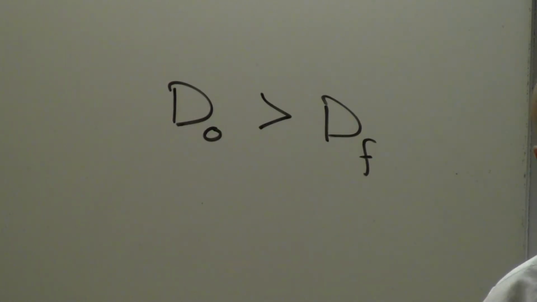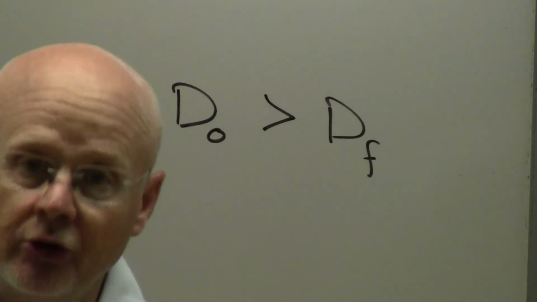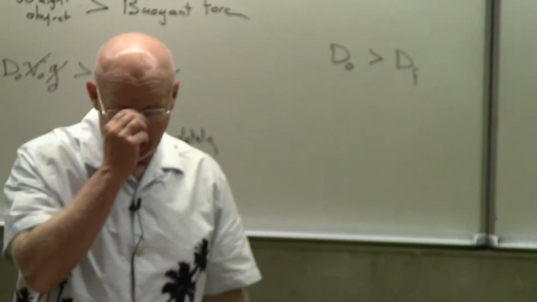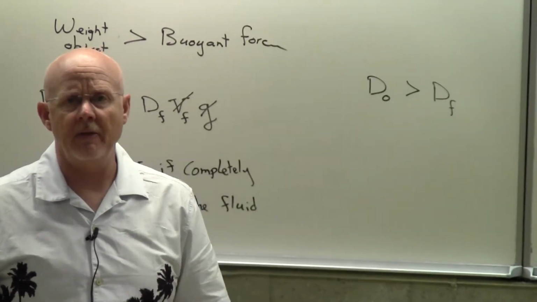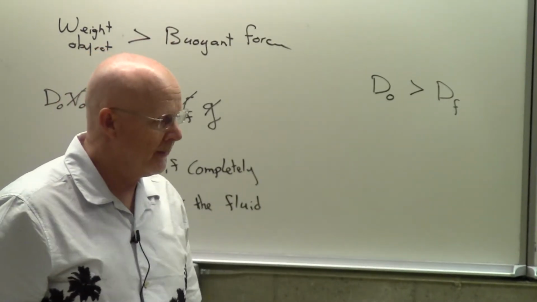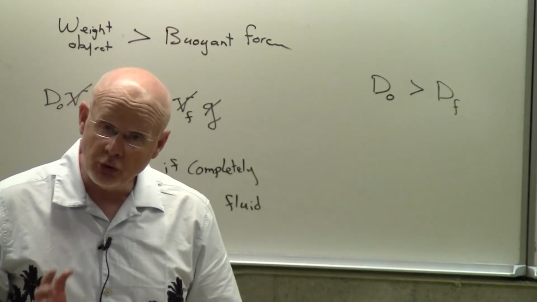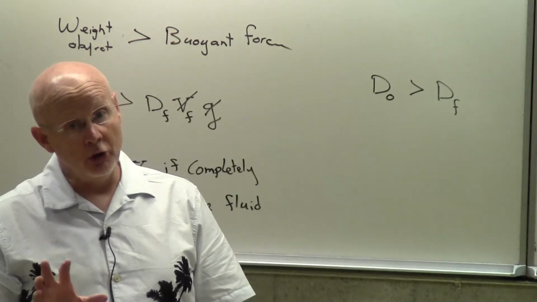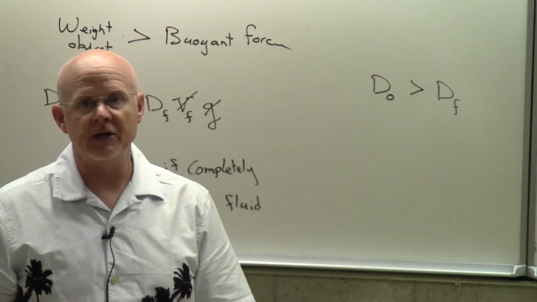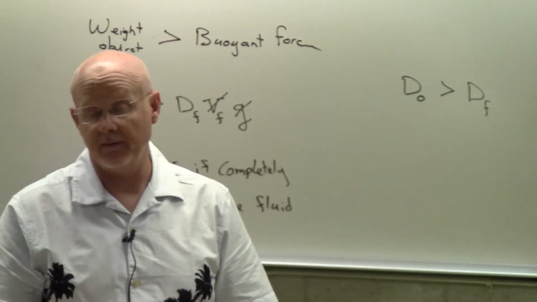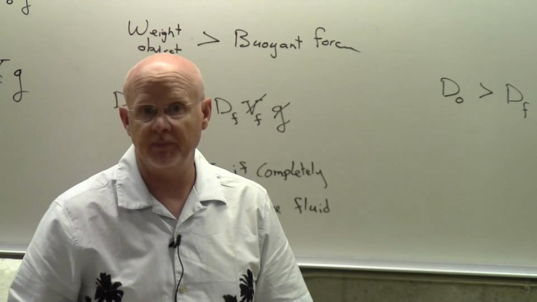In fact, sadly, sometimes I hear that in just common speak. Sometimes I'll be at a social gathering and somebody will say, oh yeah, things sink if their density is more than the fluid. And that's true, but that's the conclusion. That's not the reason. The reason they sink is because the weight of it is more than the buoyant force. And the buoyant force is equal to the weight of the displaced fluid.